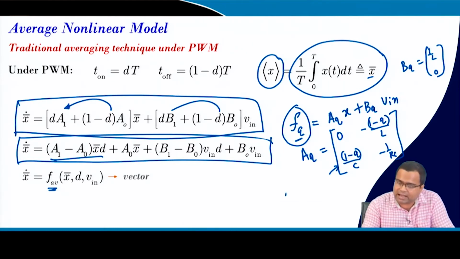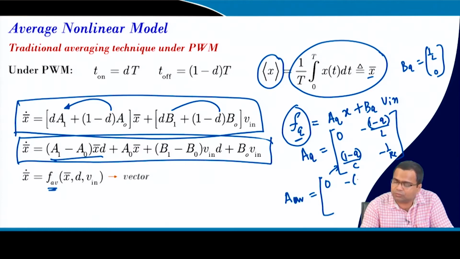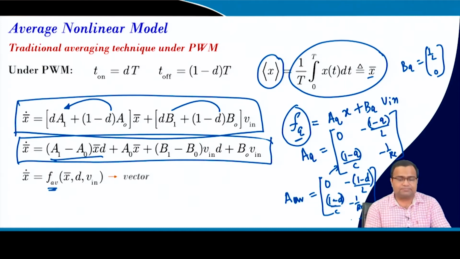That means, I can say the A average is nothing but 0, minus (1 minus d) by L, (1 minus d) by C, minus 1 by RC.